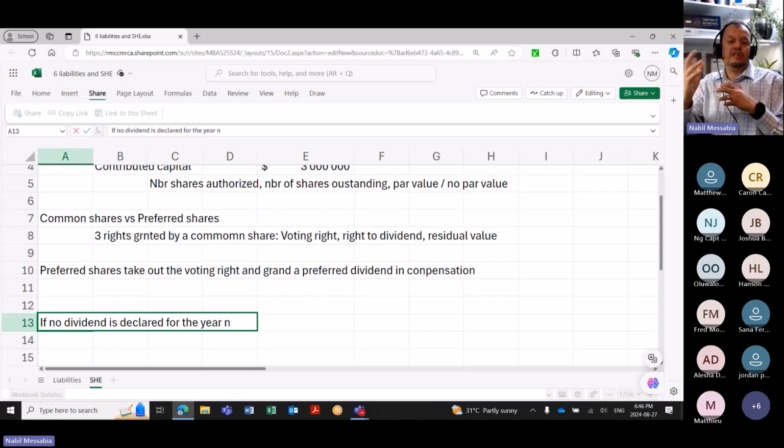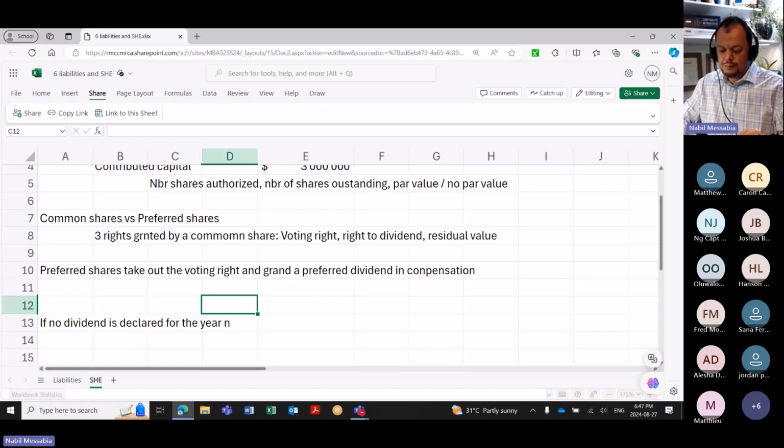So here we have two scenarios. Are your preferred dividends cumulative or non-cumulative? On the day you issue preferred shares, you have to indicate whether those preferred shares have a cumulative dividend or a non-cumulative dividend.